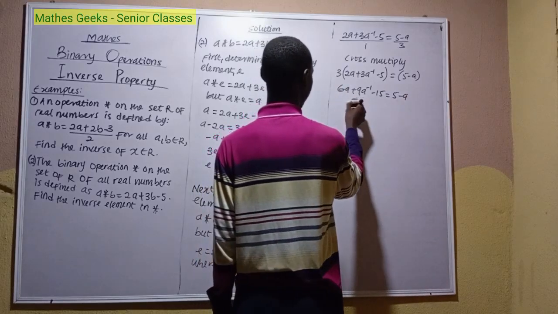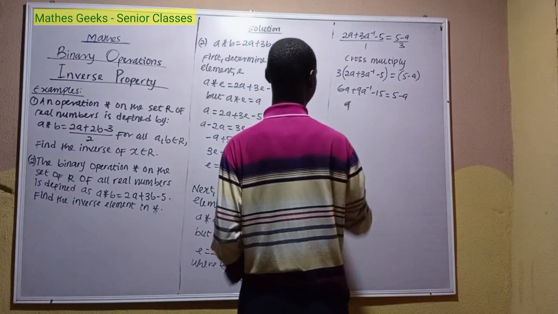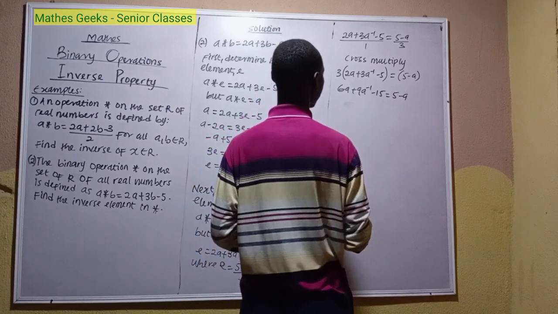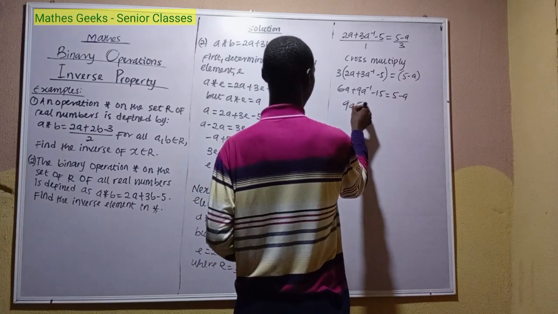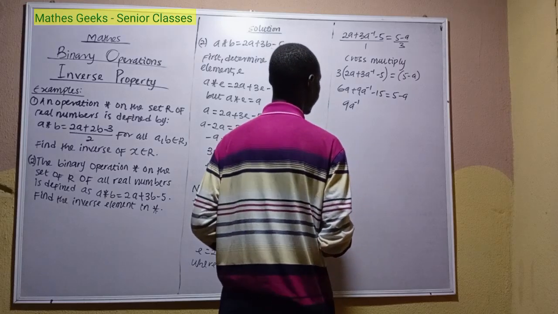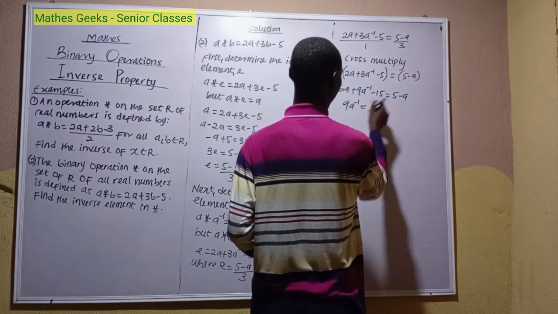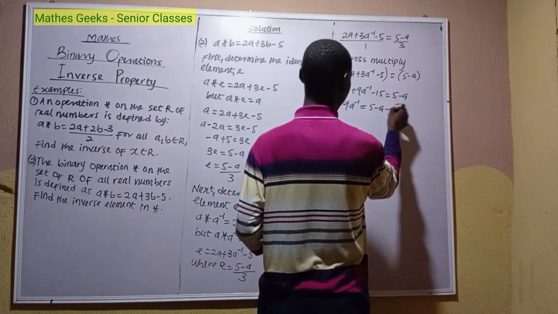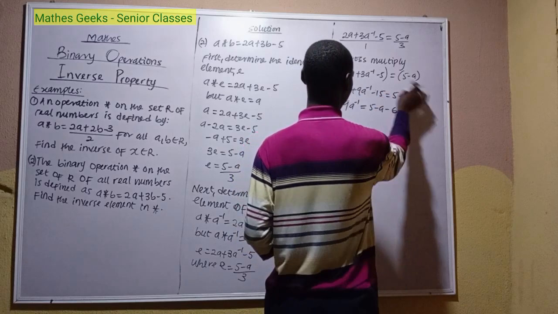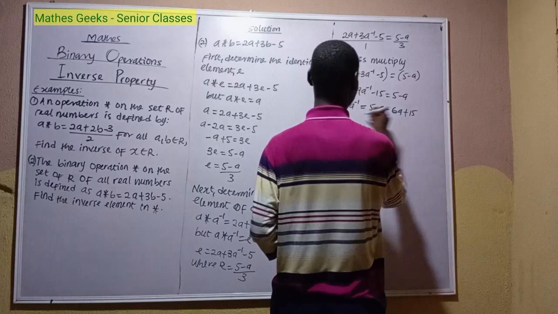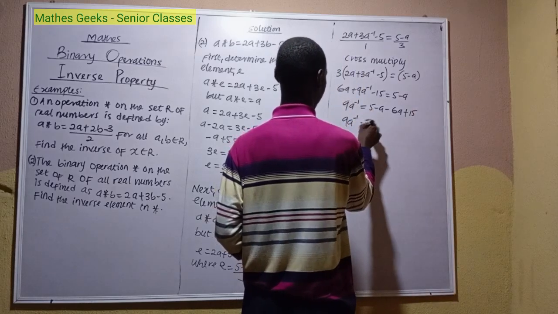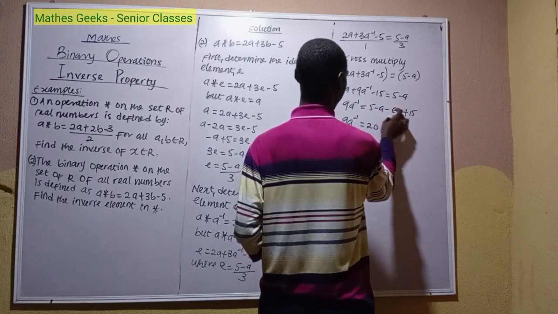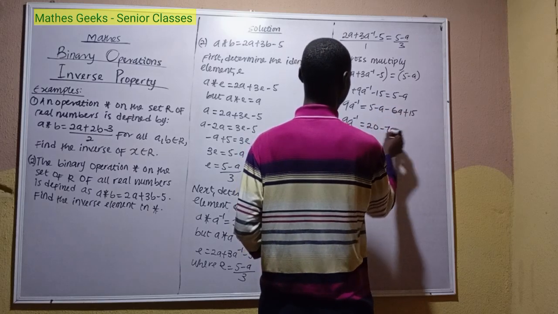So this will give us 9E inverse equal to 5 minus E. This will move to the other side, give us minus 6E. This will move to the other side, give us plus 15. So 9E inverse equal to 5 plus 15, 20, minus A minus 6E minus 7E.